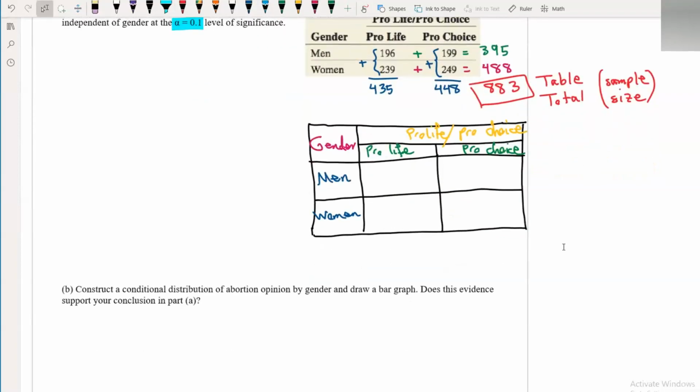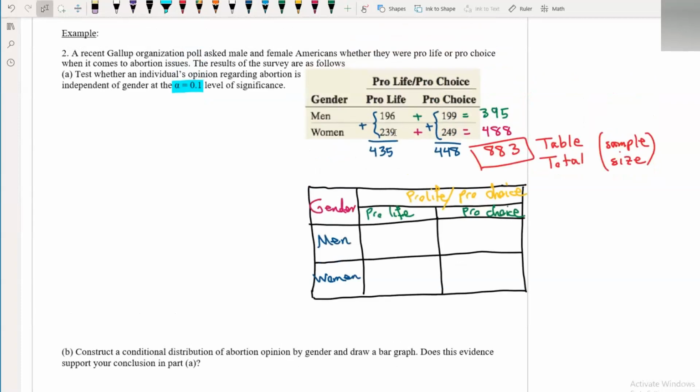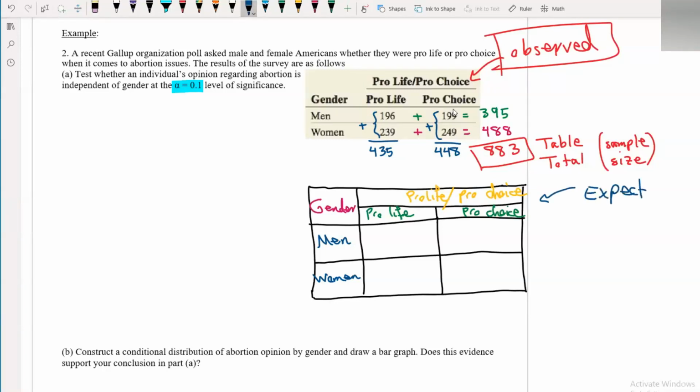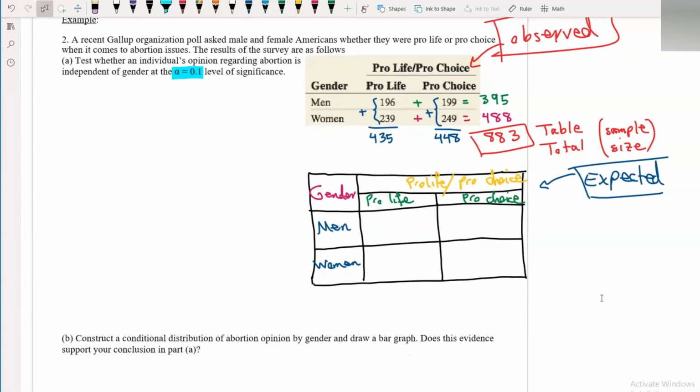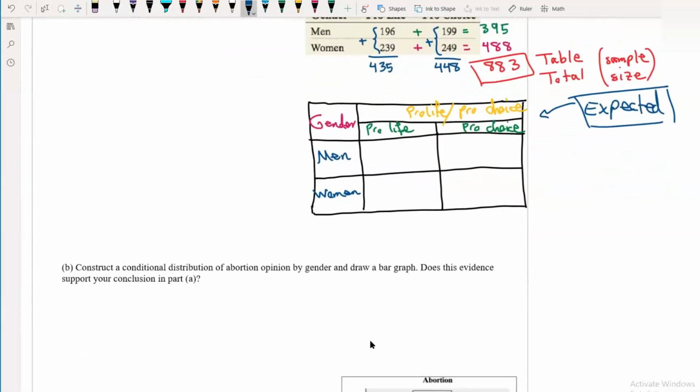Okay, now finding expected count. So the part that is given on top, this one is observed. So these numbers are for observed. Now here we're trying to find expected. For example, this part here is women, and here is pro-choice.